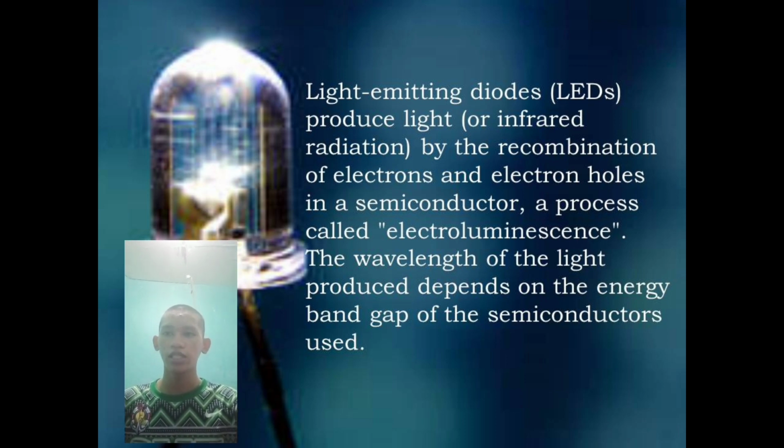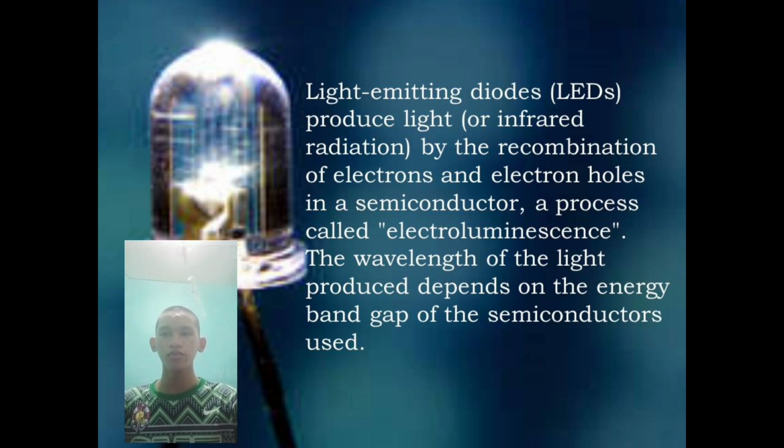So this says that when an LED emits light, it emits infrared radiation by recombination of electrons and electron holes. A light emitting diode is a p-n junction diode, so it has a positive side and a negative side.